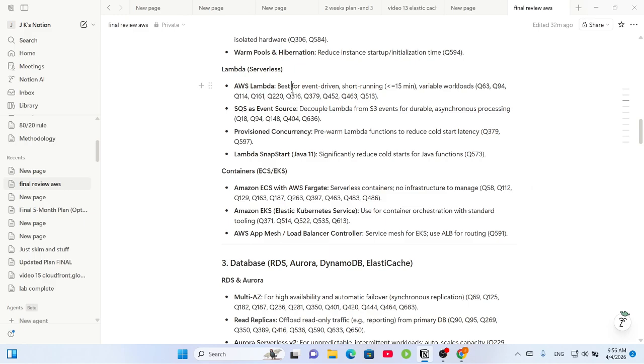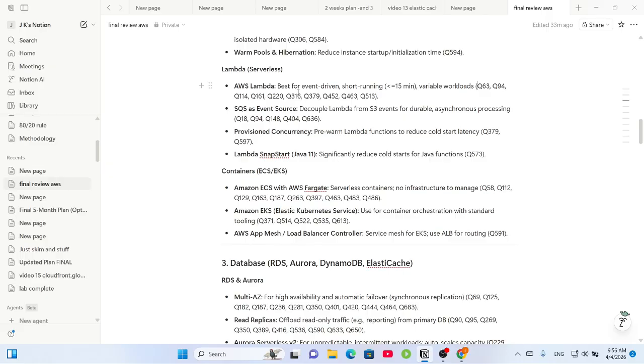AWS Lambda, we said it's best for event-driven, short-running workloads, less than 15 minutes, variable workload. AWS Lambda is just function code that you run, triggered based on an event that happens, like someone uploads data to your S3 bucket, and it triggers AWS Lambda to do something.